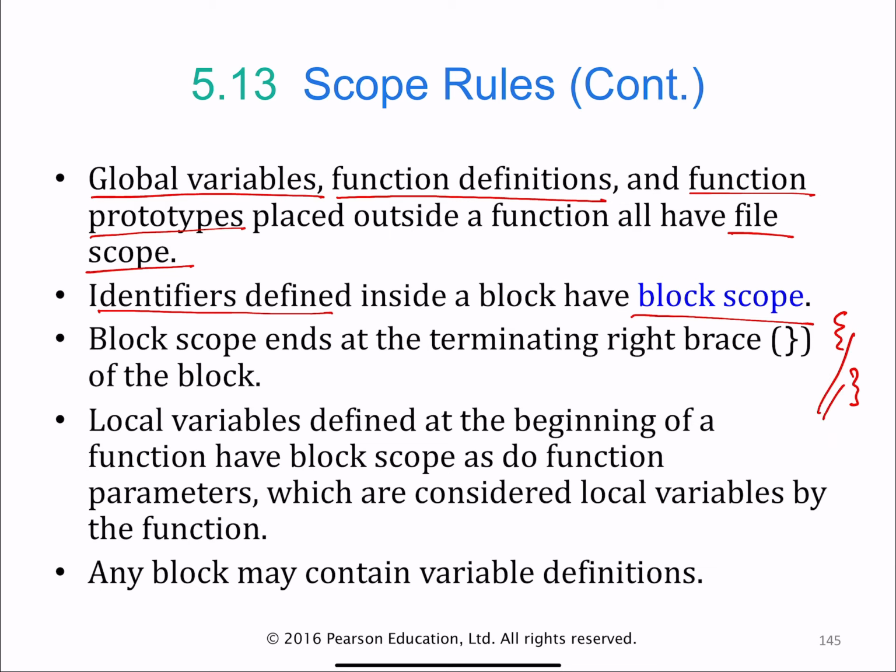I'll show you an example of that. Local variables defined at the beginning of a function have block scope, same as function parameters. Both are considered local variables by that function.